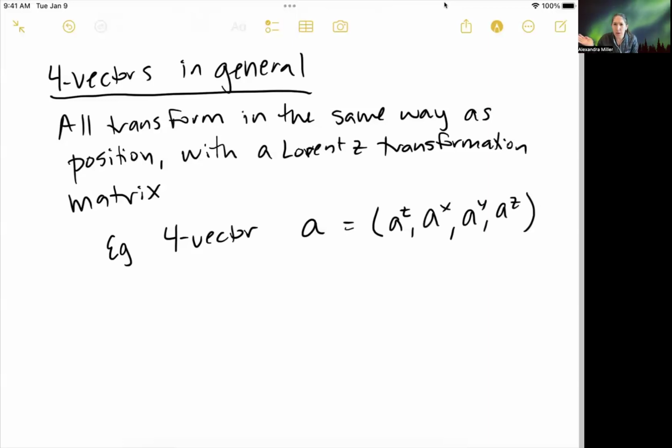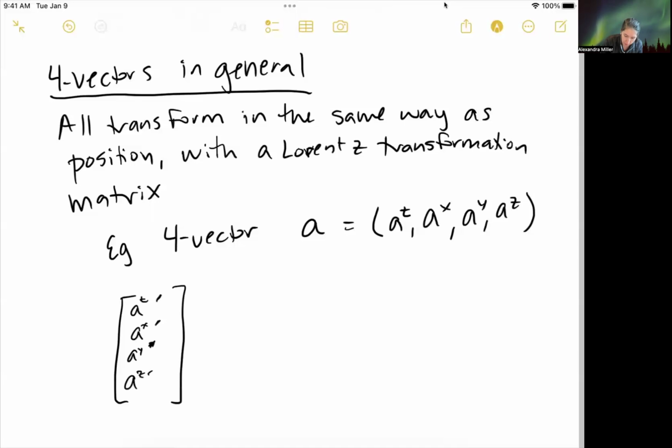Maybe t, x, y, and z, I could have just called it 0, 1, 2, and 3, but we're just differentiating between our four components. They're all going to transform. If we go to some different frame of reference, now I'm going to add little primes, again, to remind us that these are our new coordinates for this object in our new frame of reference.